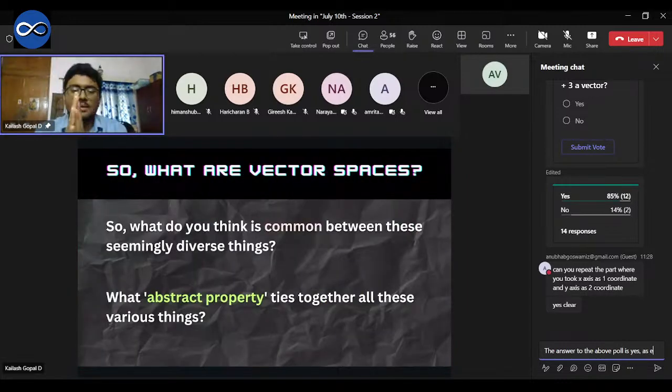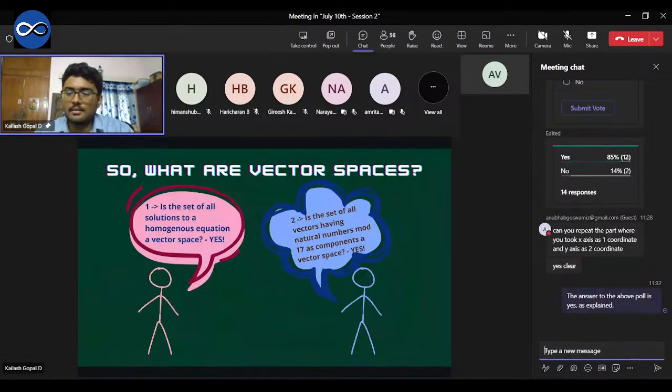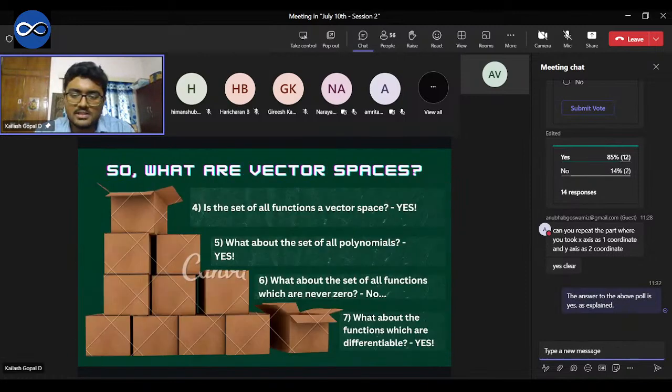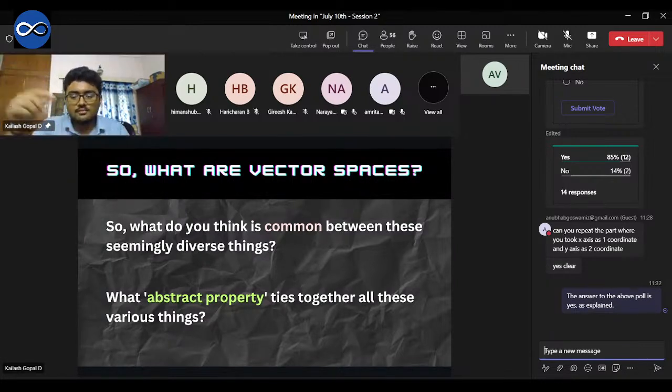We've talked about a lot of things, from one hot encoding to some random modulo 17, then even more random functions came. These are a lot of diverse things, and there are many more examples. What is common between all of these and, say, the arrow?